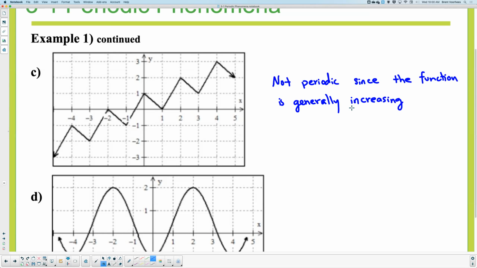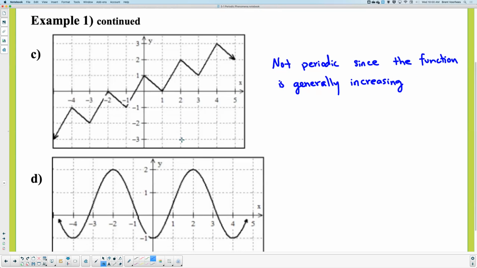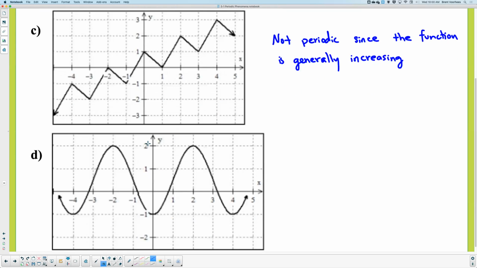Every new point in the domain, every point to the right, would generate a higher value in the y. And then they said you can say a function is generally increasing. It doesn't mean every point is always higher, but for the most part, the function is going up as it continues on its domain. So this would be generally increasing, but it's not periodic because they're not repeating the y values. Okay, what about this last one here?